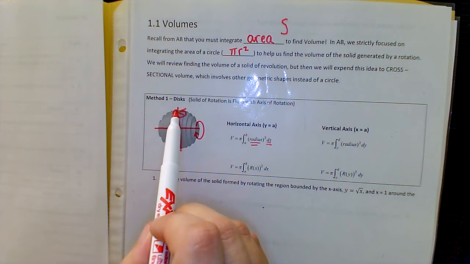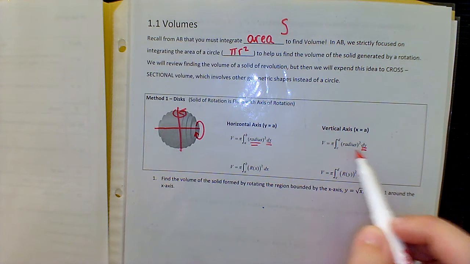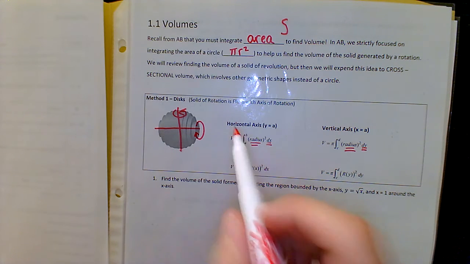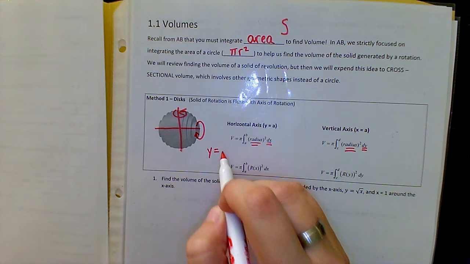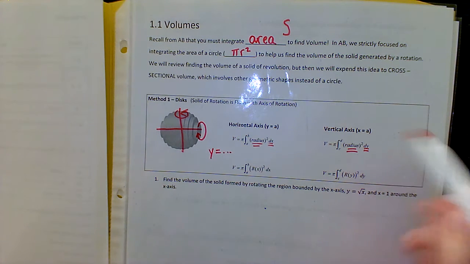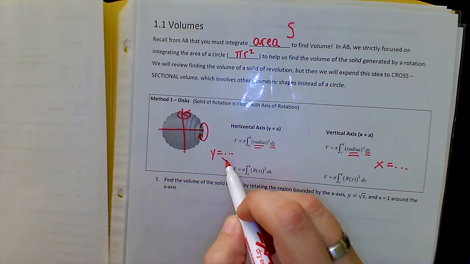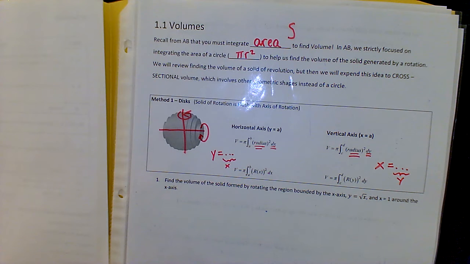If you're rotating it around the vertical axis, aka y-axis, you want to have y variables in your integral. Do you remember this from last year, how we may have had to rewrite an equation to make it fit? That's the whole idea here. For the horizontal axis, we want our equation to look like y equals something, but for our vertical axis, we want it to be x equals something, because this would be in terms of x, and this would be in terms of y.